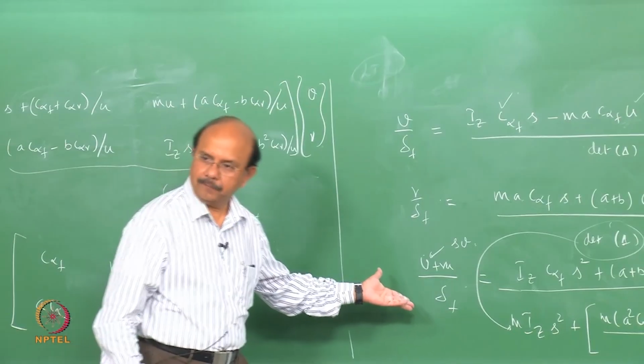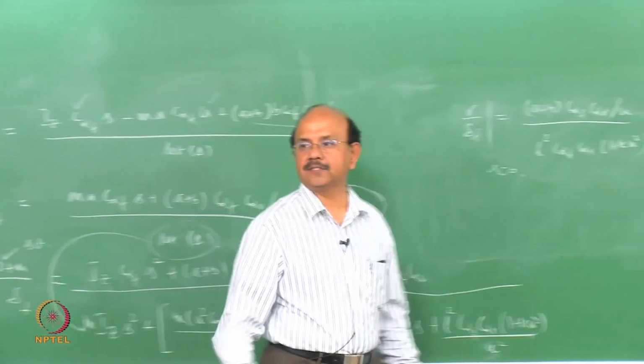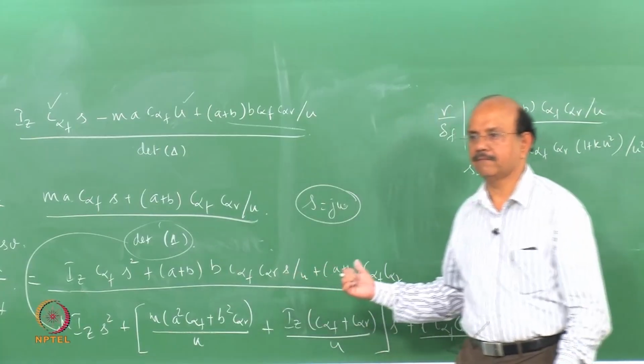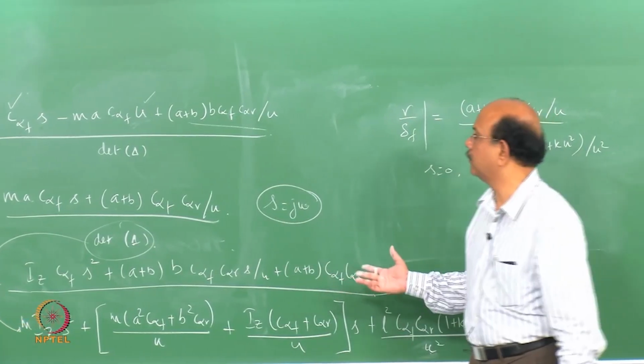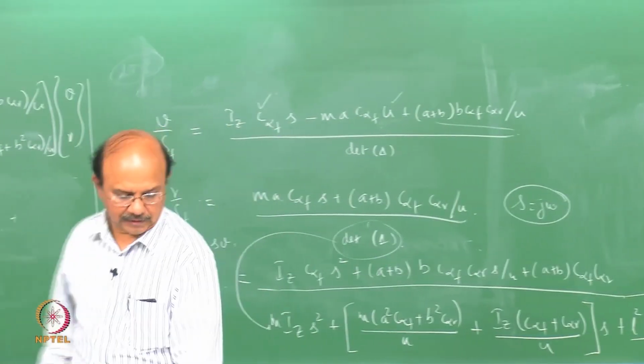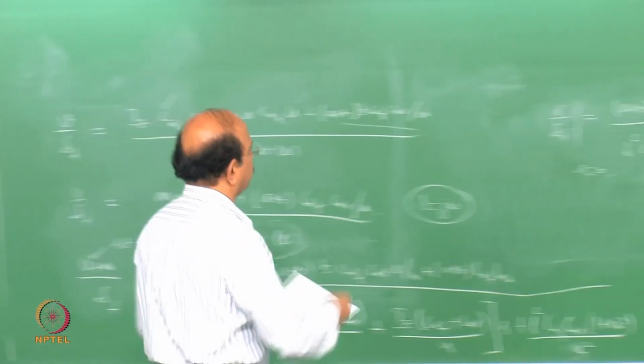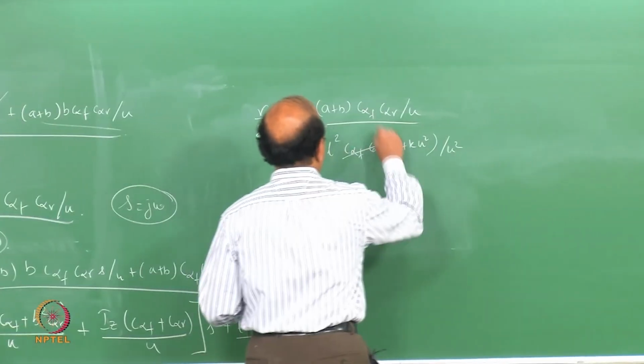You would pick up lateral acceleration because lateral acceleration gain is still a constant. You would pick up that, right? Okay, so write down for both this as well as for, so let me simplify this.